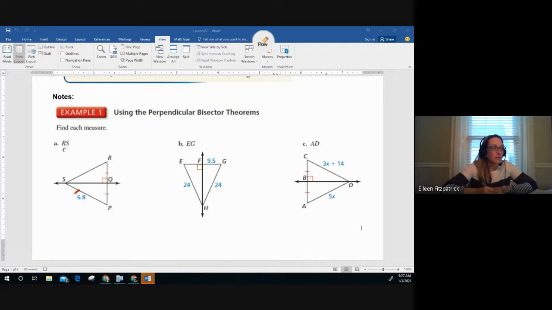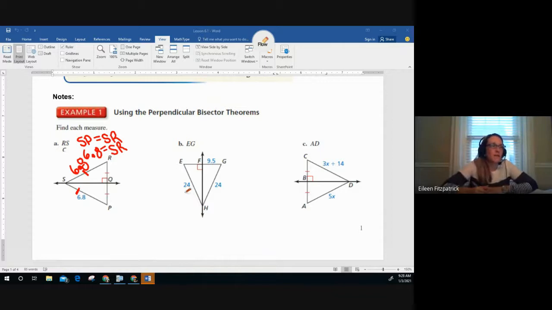So SP is congruent to SR, based on the perpendicular bisector theorem. So SP is equal to SR. Since SP is 6.8, that means that SR is also 6.8. So I know that this segment here is 6.8, which is what I was looking for.